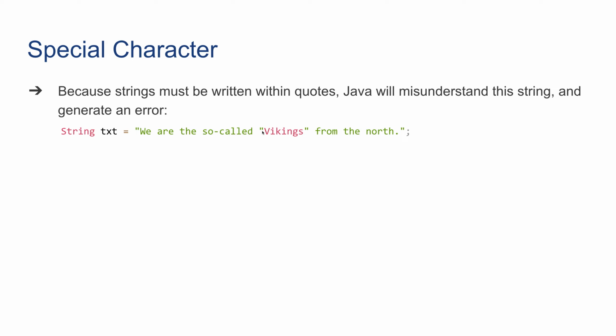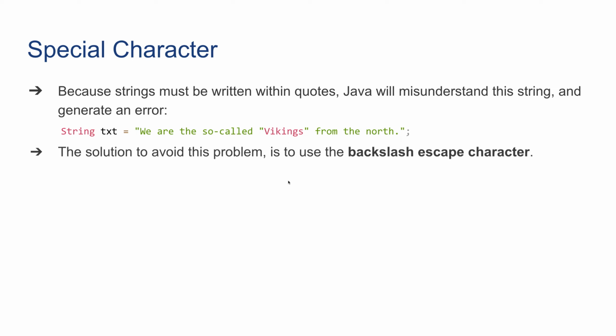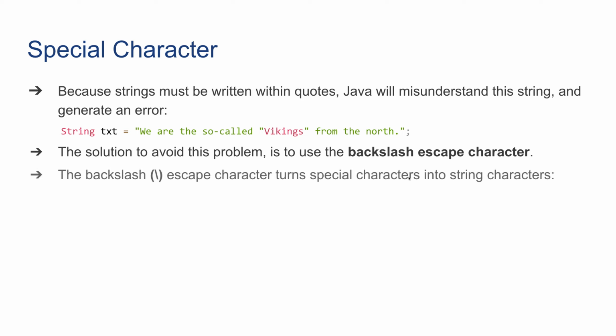It will assume that we're finishing the string, and then it will error here. The solution to avoid this problem is to use the backslash as the escape character. The backslash escape character turns special characters into string characters.